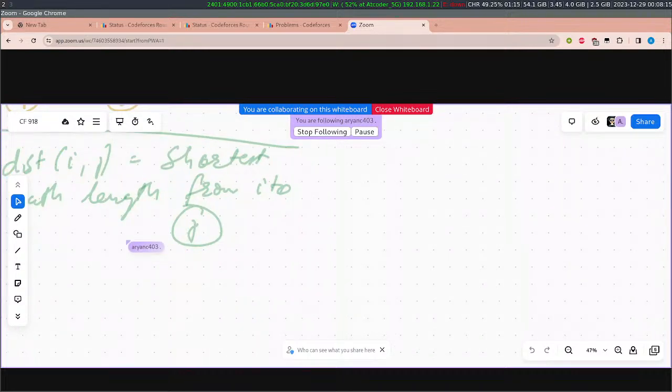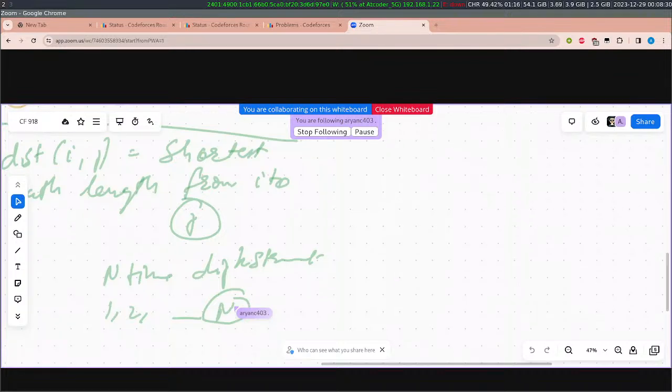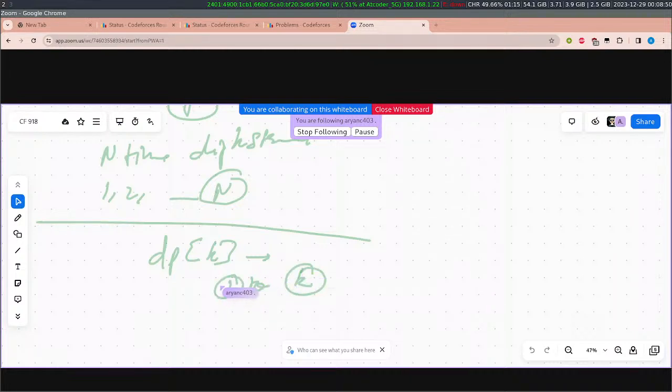One possible way is to start n times Dijkstra from each node 1, 2 up to n and find the shortest distance to every other node. And once we have done that, what we know is that we will always go to a node with smaller slowness, right? So let's say we write an array dp which denotes the shortest time taken to go from 1 to k, then we can try to compute these values in decreasing order of slowness values.